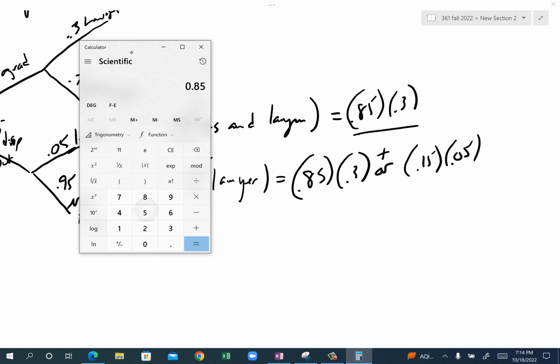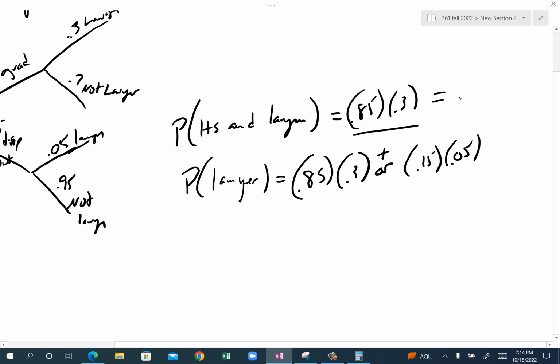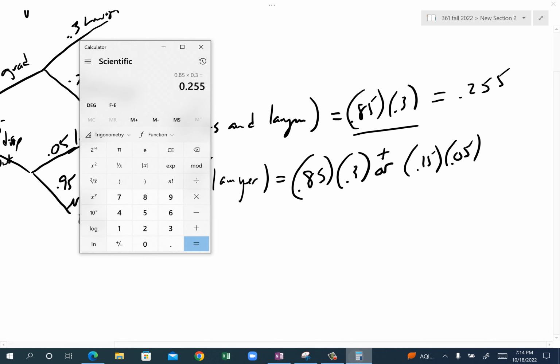So 0.85 times 0.3 is 0.255. And then, of course, the second one's going to be a skosh bigger because we're going to add 0.15 times 0.05. Somewhere, some idiot forgot a decimal place.